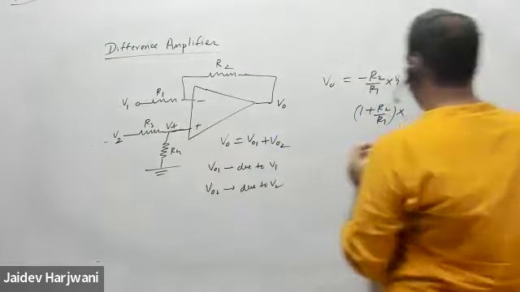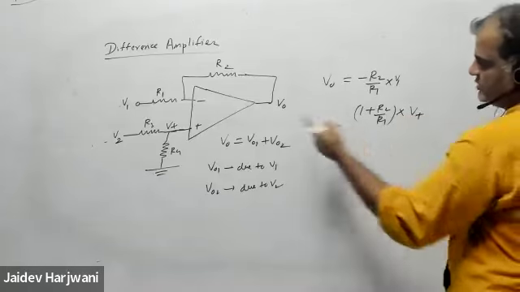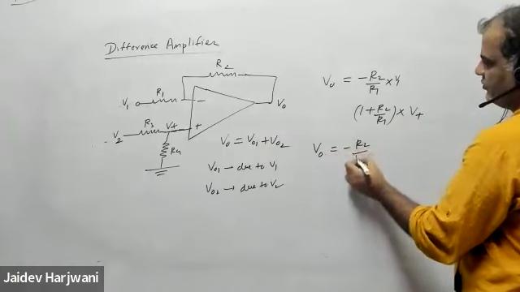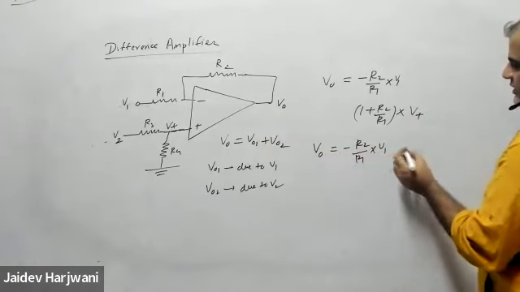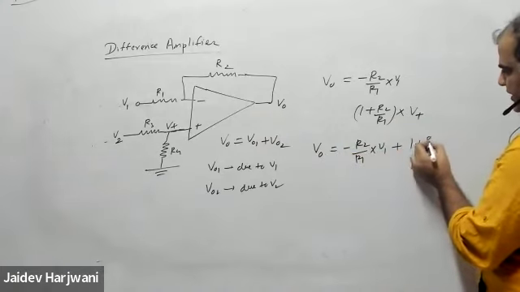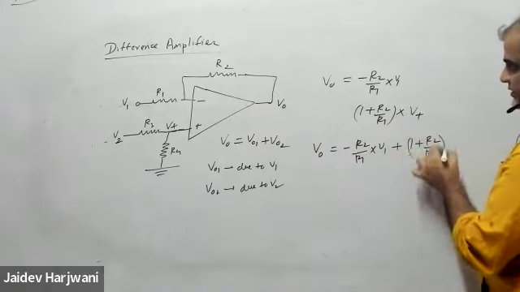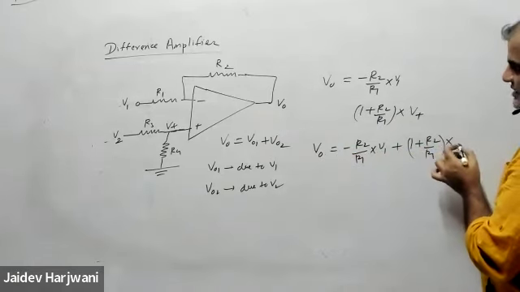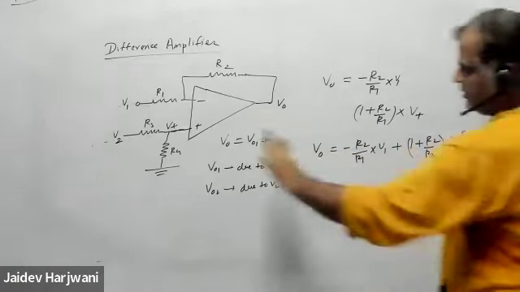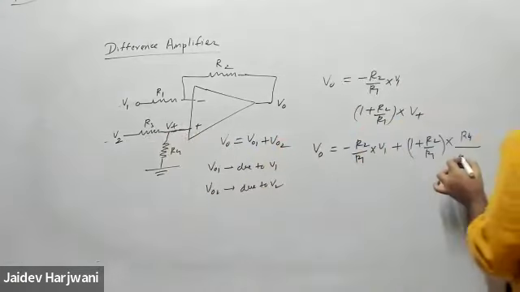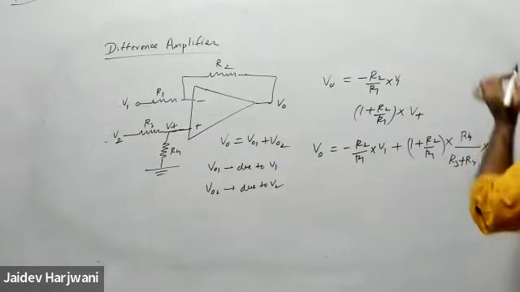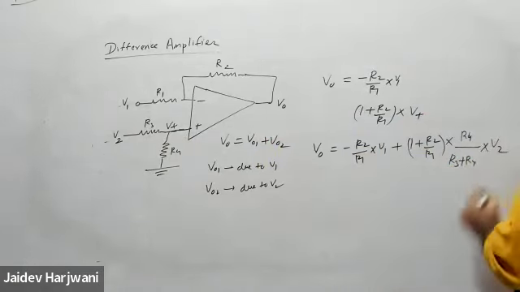And the V positive value you can now find out. So V0 will be minus R2 by R1 into V1 plus 1 plus R2 by R1 into V plus, which is R4 divided by R3 plus R4, voltage division, into V2. So this is the formula.